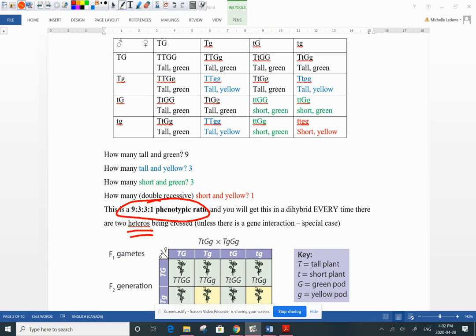We're not learning about this this year, but when there's 2 heterozygous being crossed, you're always going to get a 4x4 Punnett square. You've got 16 offspring. 9 out of 16 are the double dominant trait. 3 out of the 16 is going to be dominant for one trait, recessive for the other, and you get this 9:3:3:1 ratio.